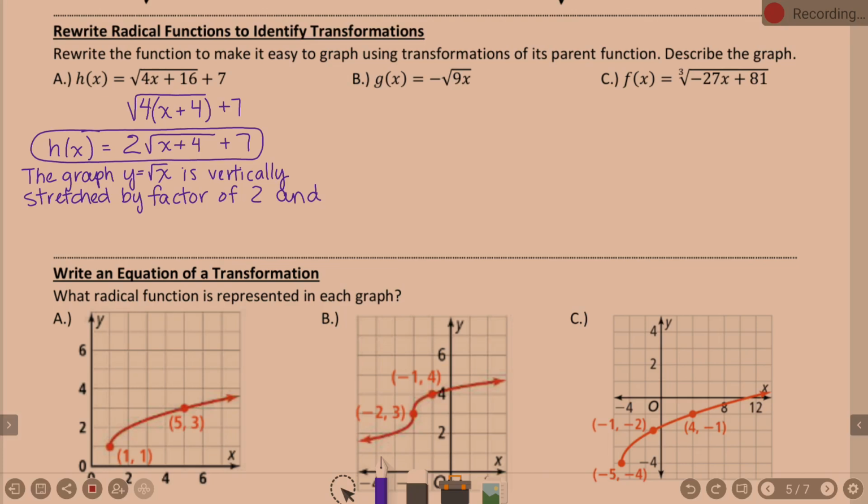Moves, shifts, put a verb in there though. I know, darn English in your math, but you can do that. And I'm going to say translate left 4 and up 7 units.